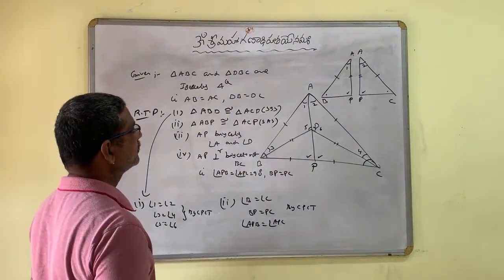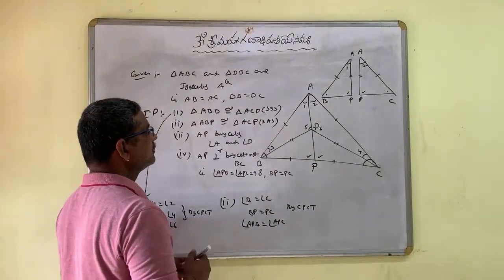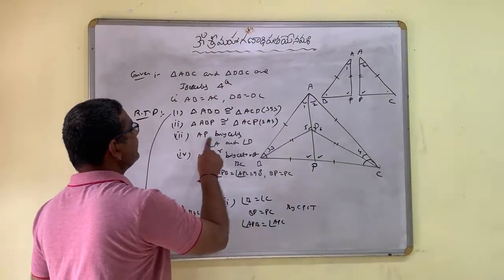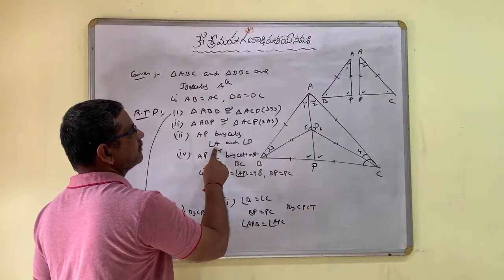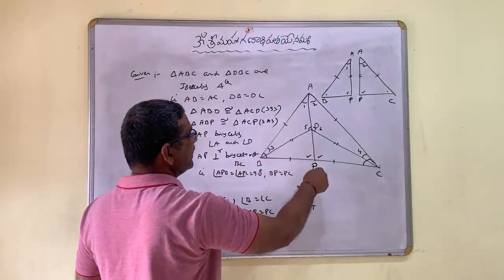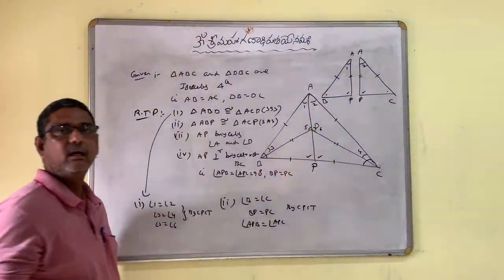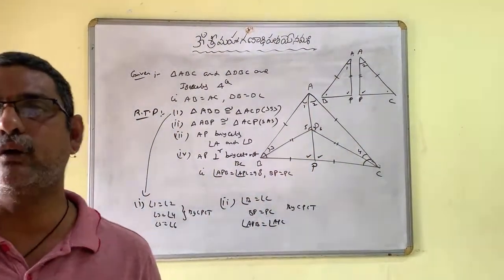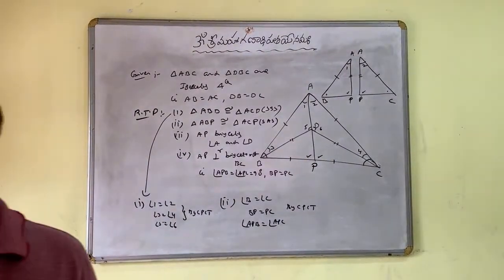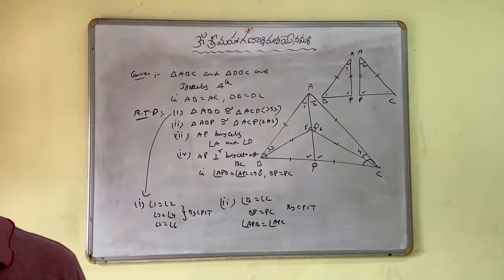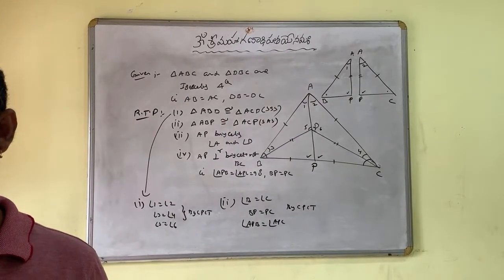See, AP bisects angle A. Already done. AP is bisecting angle A, dividing it into two equal parts. It is already done since angle 1 is equal to angle 2. AP bisects angle A and D. Now first think about angle A. Is AP bisecting angle A or not?